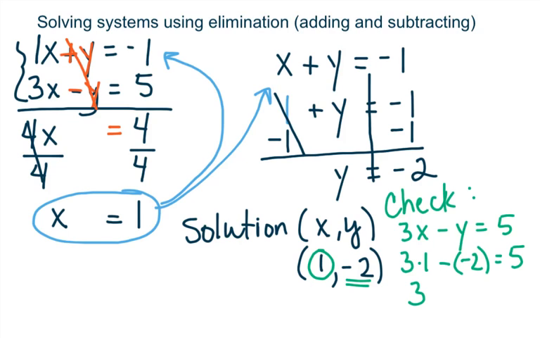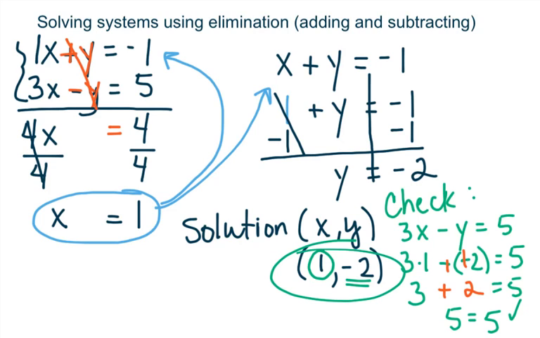Minus a negative becomes plus a positive. So plus 2 equals 5. And 3 plus 2 certainly does equal 5. So that means it works. So the solution is (1, -2). Let's call that one example 1.